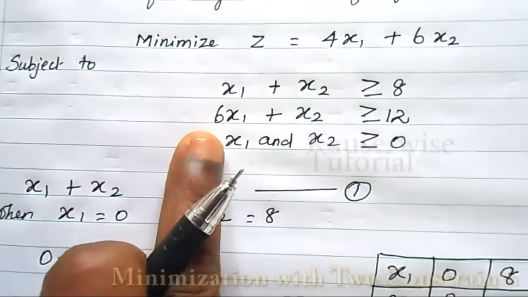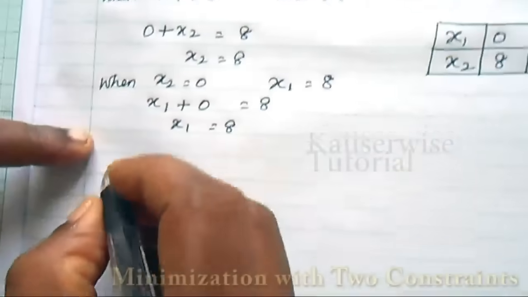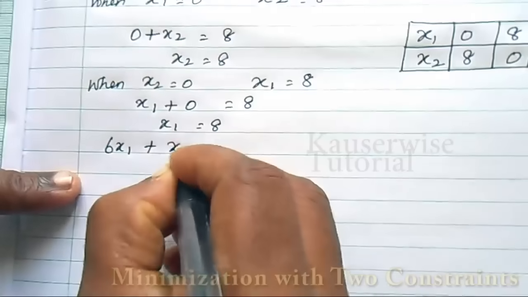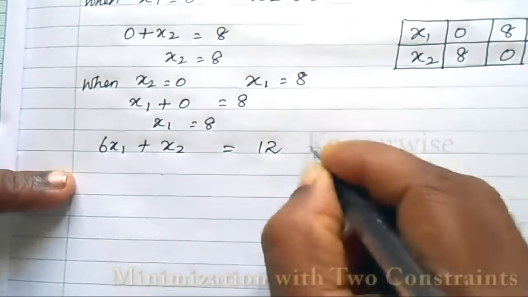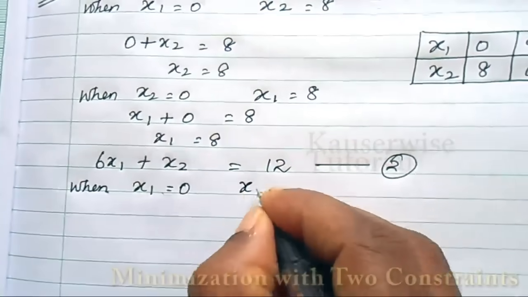Now, look at the second one: 6x1 + x2 ≥ 12. Convert into an equation: 6x1 + x2 = 12. When x1 is 0, what is the value for x2?